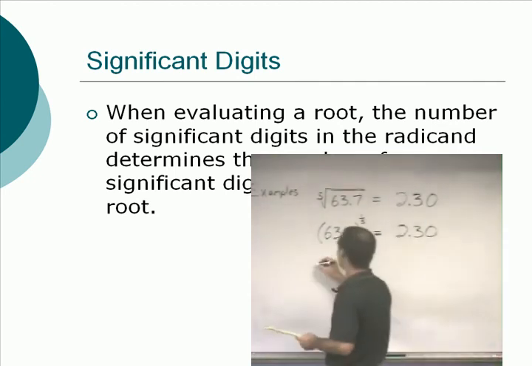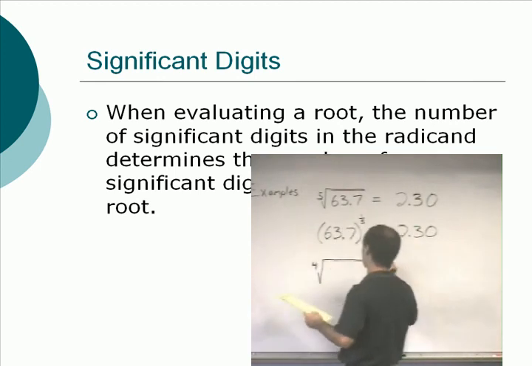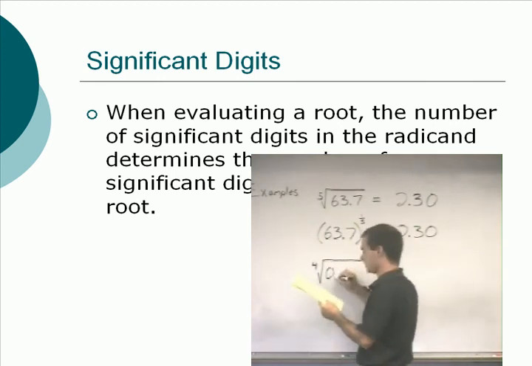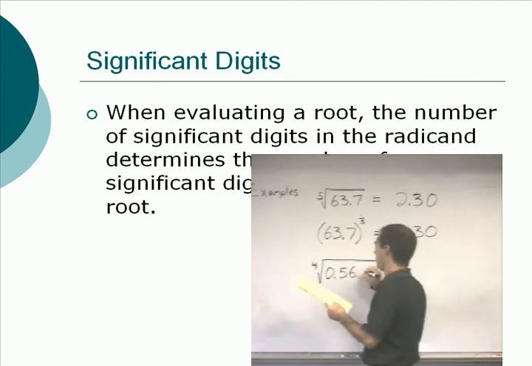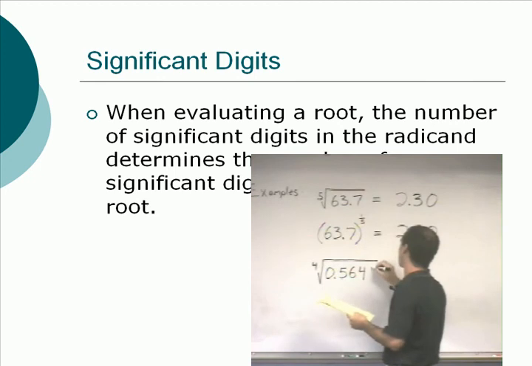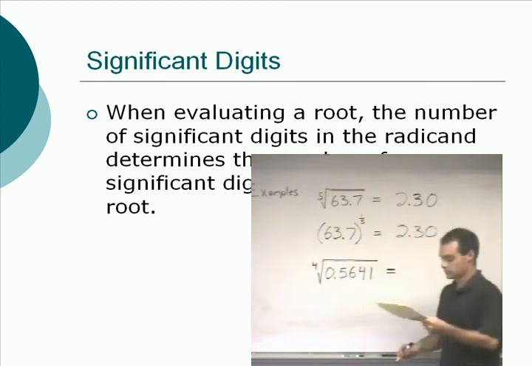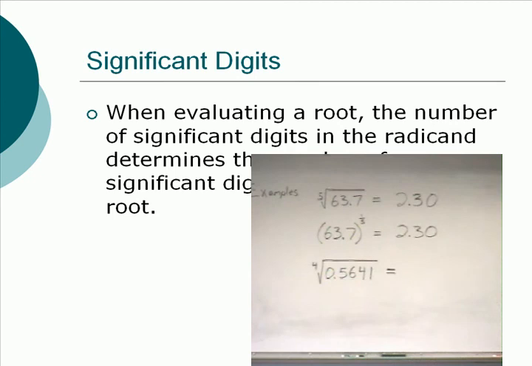How about the fourth root of 0.5641? You can rewrite that as an exponent if that's your preference, but I'll just leave it like that and ask you to evaluate it. How many sigdigs in your result?